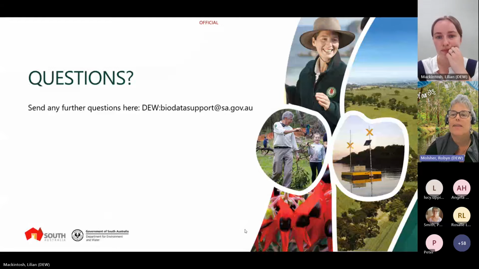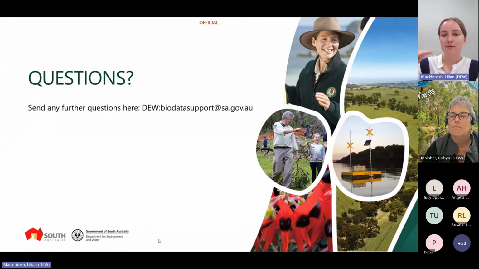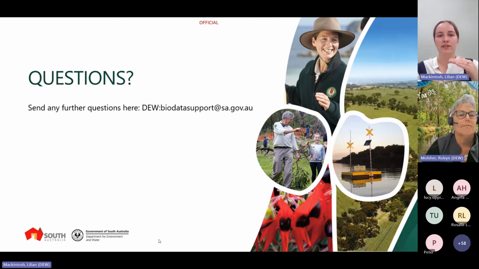Okay. And can aerial photography be shown as a layer, with better resolution? So the aerial photography on NatureMaps has different layers of resolution. In different areas, the resolution is better than at others. When you zoom in and out, it will show you different aerial photography.